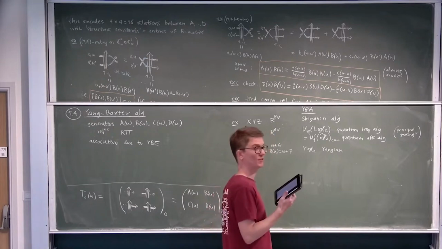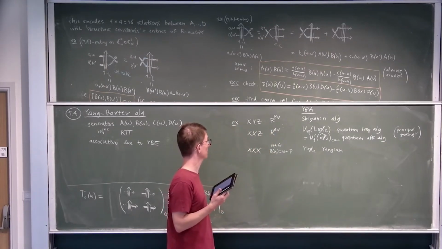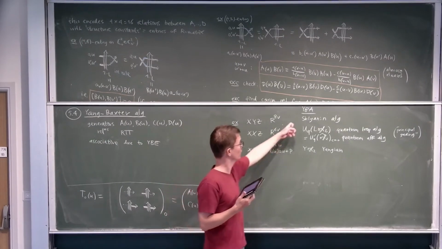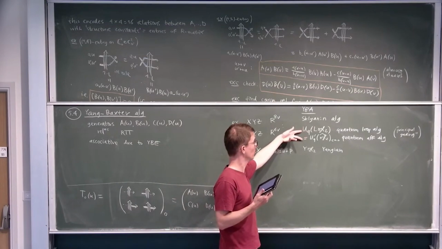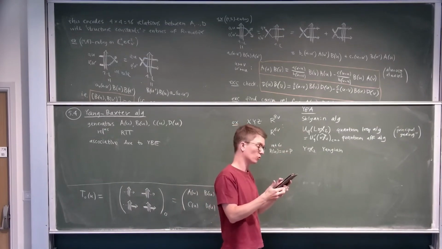Right. Yeah. So we have these different R matrices, which give different examples of Yang-Baxter algebras, and they're called the Sklyanin algebra, which is complicated, quantum loop or quantum affine algebras, which are much less complicated, and the Yangian as a special case. They're all infinite dimensional quantum groups.